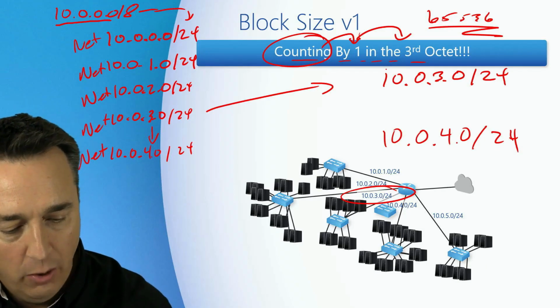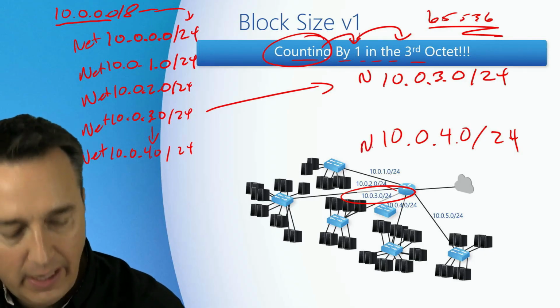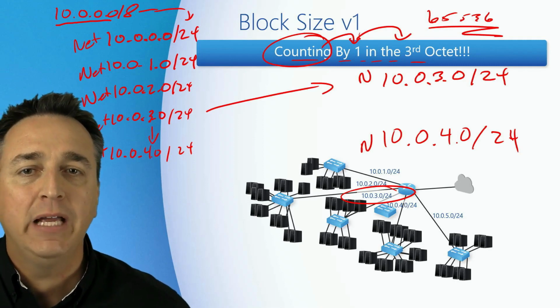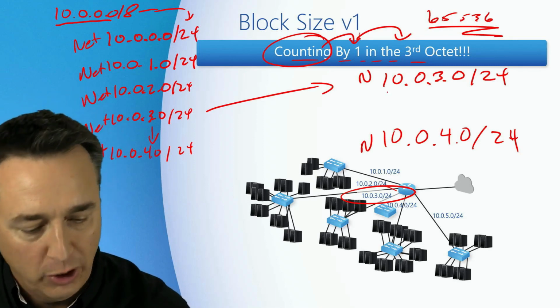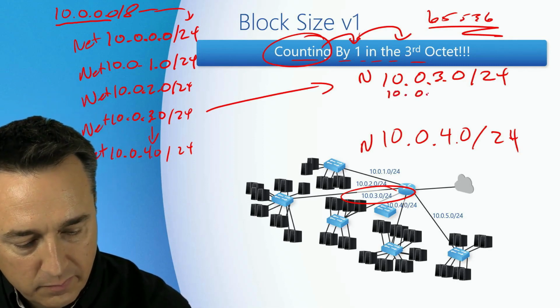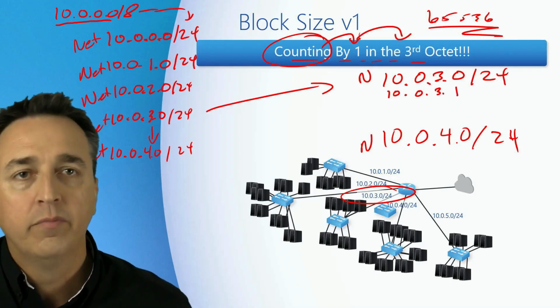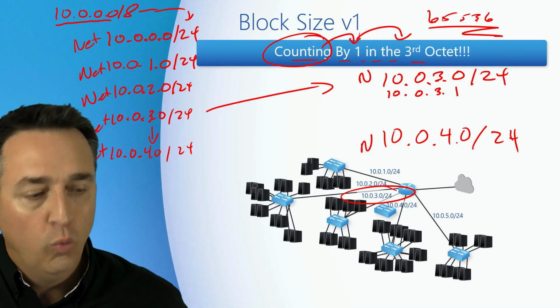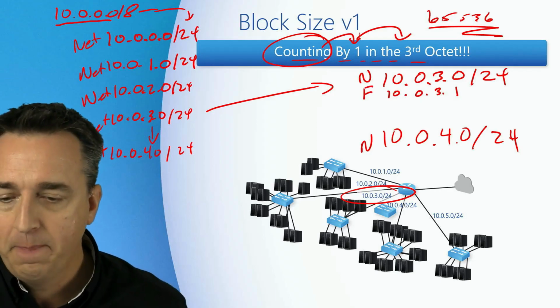Right? So, network ID, network ID. Okay. So, what would be the very first usable address in that subnet? Okay. First address.